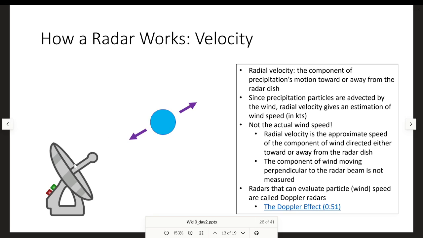It can only calculate how fast it's moving toward or away from the radar. The component of the wind moving perpendicular to the radar beam is not measured. The radars that can determine how fast a particle is moving toward or away from the radar are called Doppler radars, and that's typically what we use. Here's a video on the Doppler effect. It's 51 seconds long if you are interested in that.